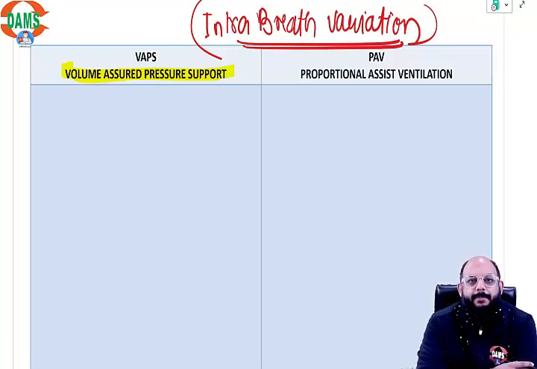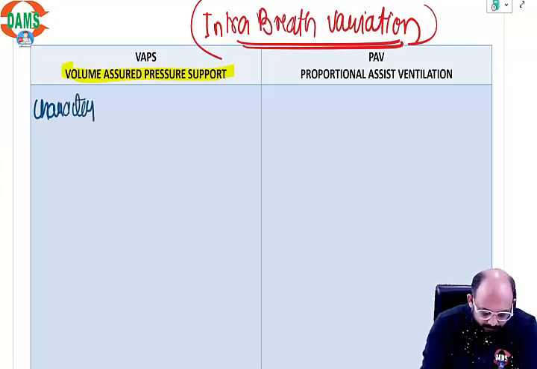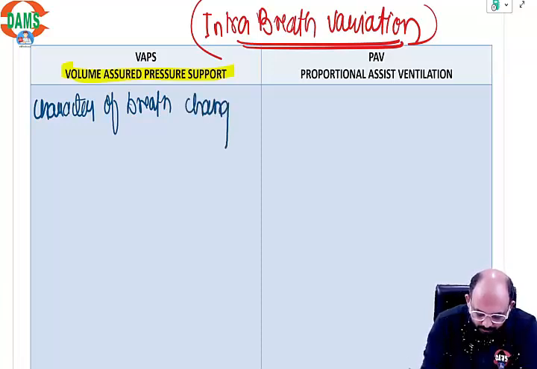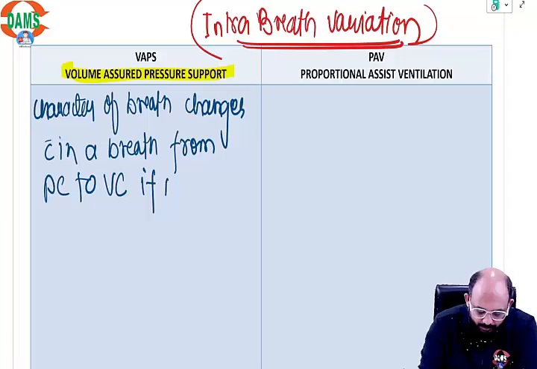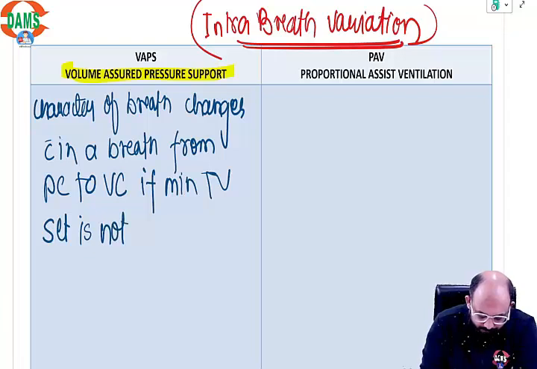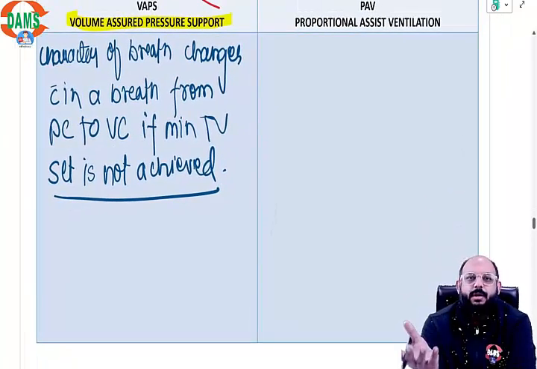When I say intra-breath variation, then the character of the breath changes within a breath from pressure control to volume control if the minimum tidal volume set is not achieved. Very unique. It will change the characteristic of the breath from pressure control to volume control while the breath is being given.